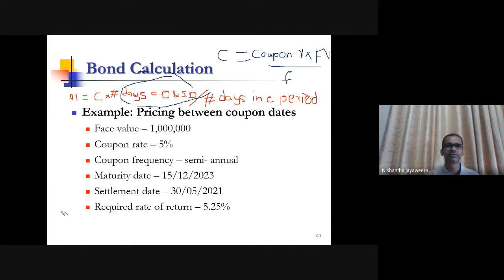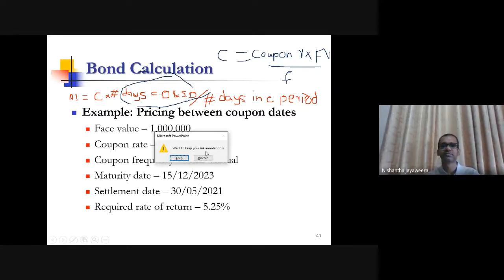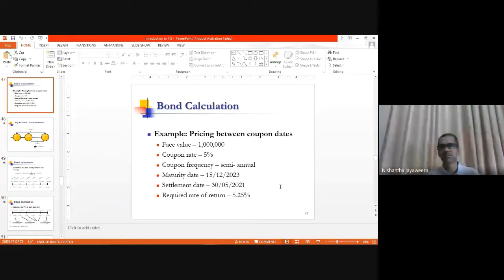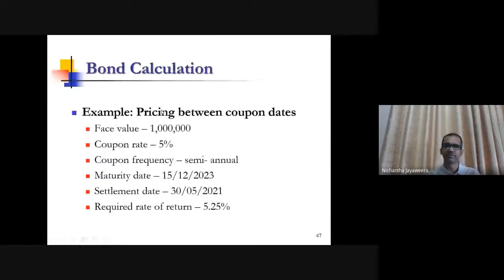So my question was, what did we discuss last week? What are the topics that we discussed last week? This is the one we discussed last week. How do we price a bond between coupon dates?